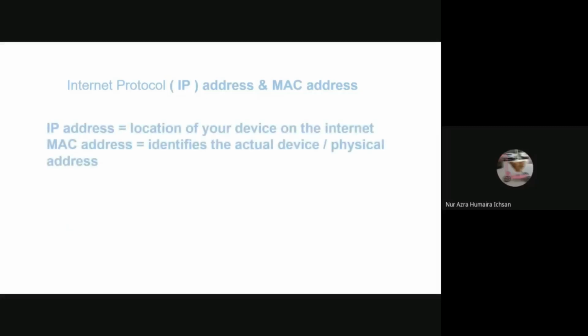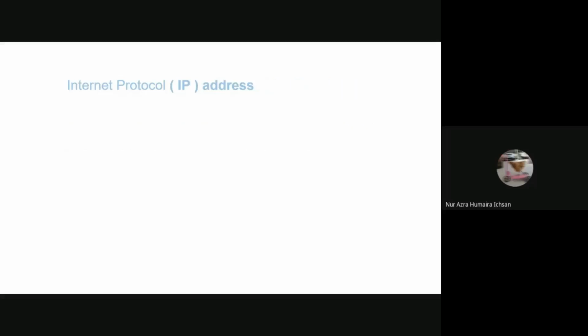So I would like to clear that up again and remind you guys that an IP address is the location of your device on the internet, while MAC address identifies the actual device, and MAC address is basically a physical address that cannot be changed. So let's start off with IP address again.